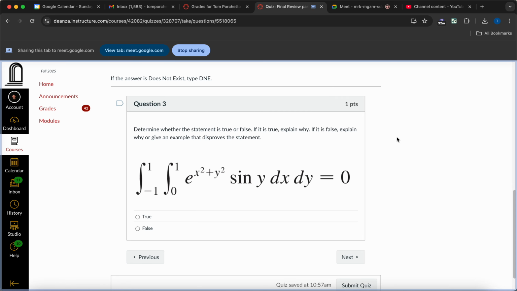When we integrate that, it is e to the power y squared and sine y dy, and the other one would be e to the power x squared dx. So we notice that e to the power y squared sine y dy is an odd function. Whenever we integrate an odd function, we get 0. So the answer is true.